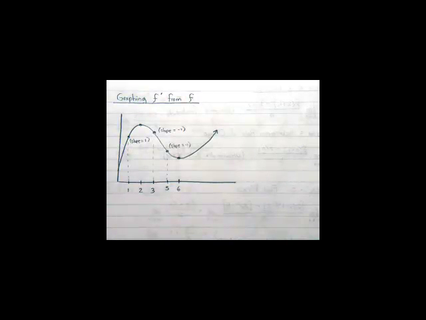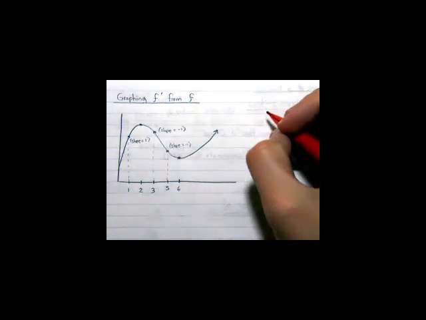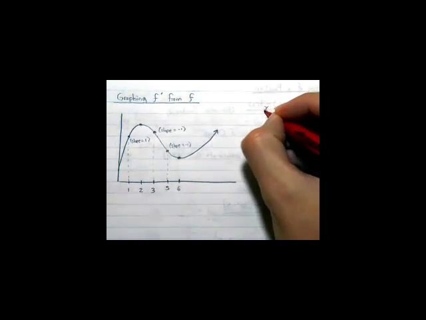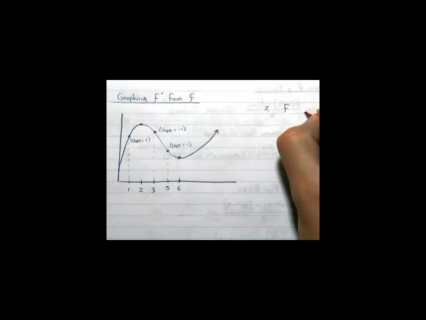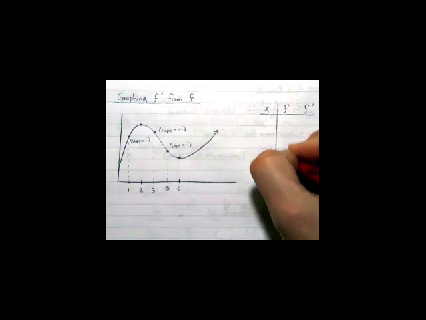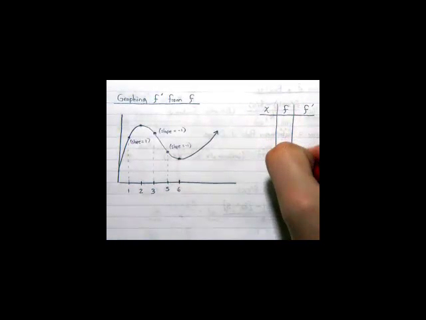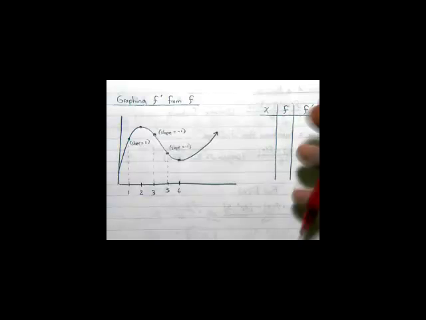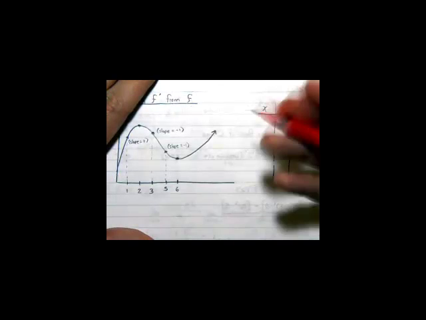I'm checking out slopes as I go, and then I'm going to use that to make f prime, okay? So I'm going to come over here and make a little chart. You don't have to do this every time, but I think this might be helpful. Actually, you know what? I don't even need that last column because I don't care what f is. I just want f prime.